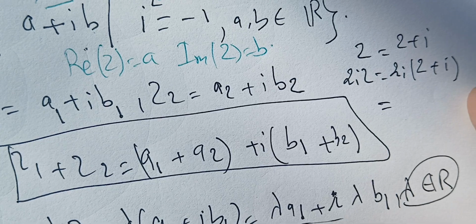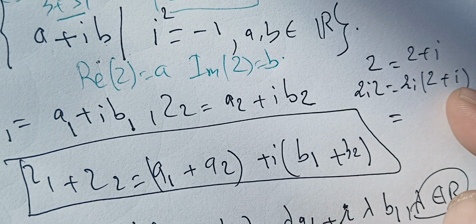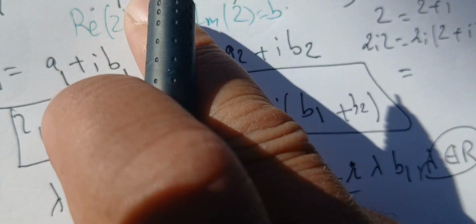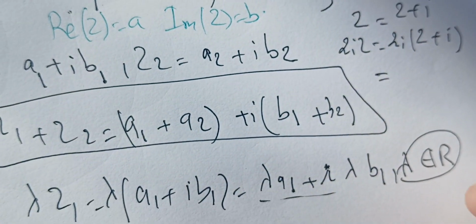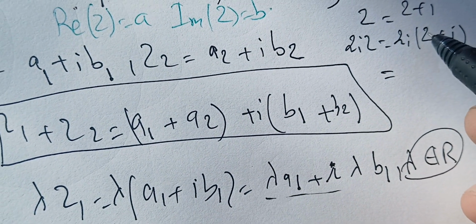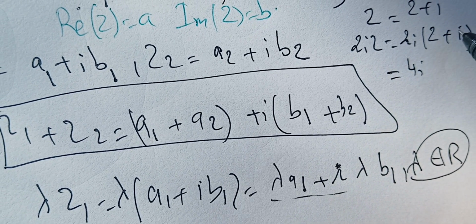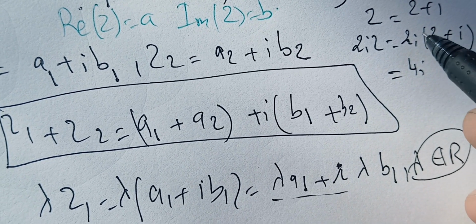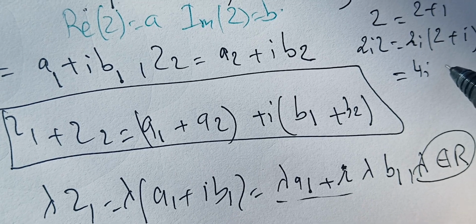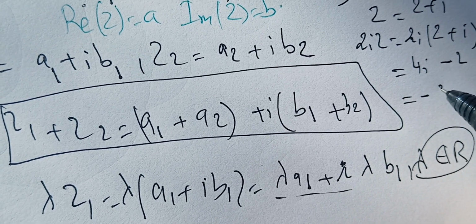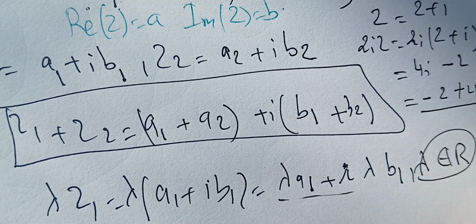When doing this operation, we work as in R, but we take into consideration the fact that i squared is minus 1. So here we have 2i times 2 is 4i, but 2i times i is 2i squared, which is minus 2. So we have minus 2 plus 4i.